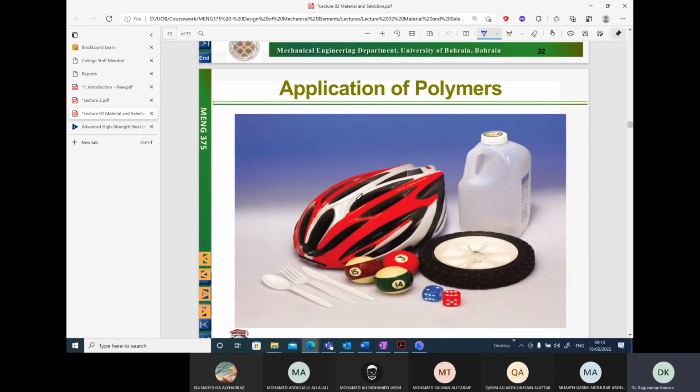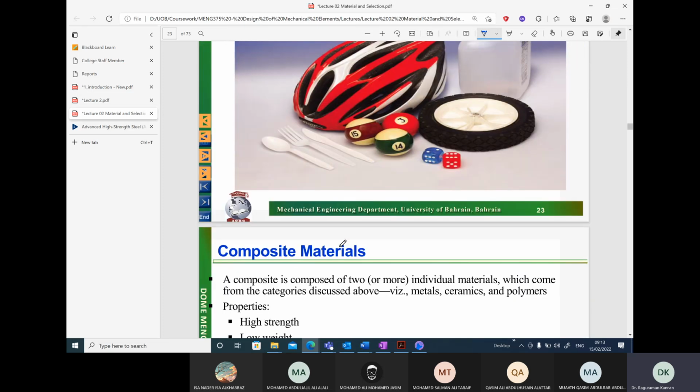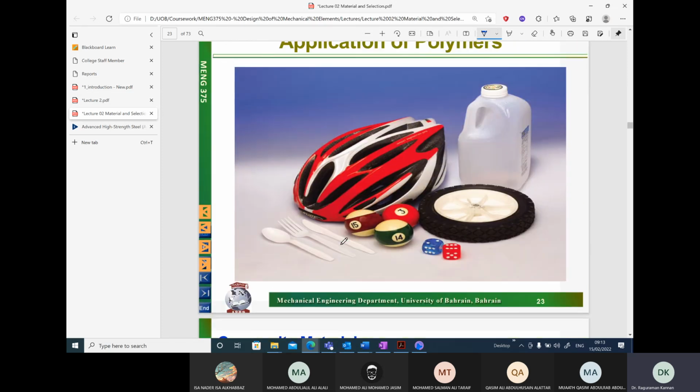So where do we use polymers? Again, some of the applications widely used in many cases. Even your tire is made out of rubber. This is also a polymer. There's another disadvantage, that polymers cannot operate at very high temperatures.